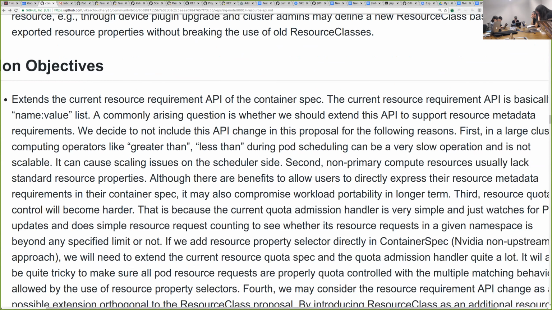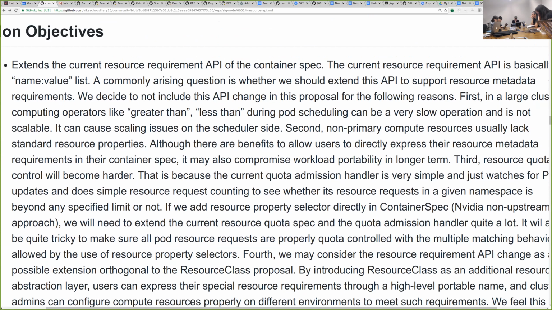We also explicitly mention some non-goals of this work. In particular, it's not a goal to modify the existing container stack resource requirement API. This is a question commonly raised in the community, because people usually draw the similarity between a PVC and a special resource requirement, like a metadata requirement.